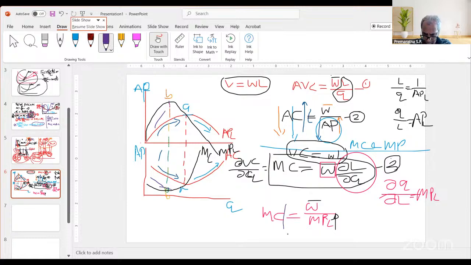Opposite, if the marginal product decreases, what we are talking about on this side, the marginal cost must increase. So if the marginal product comes to the optimal point, point B I'm talking about, the marginal cost has to reach the minimum point. So this particularly you have to understand for the exam.